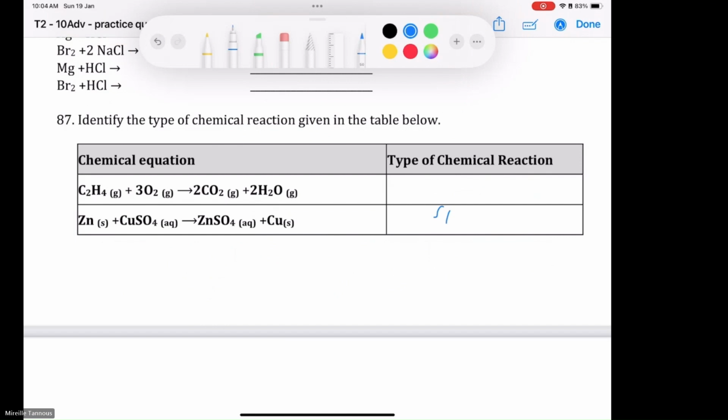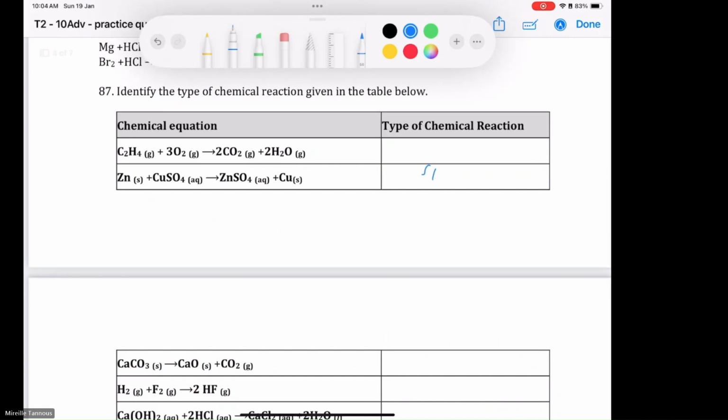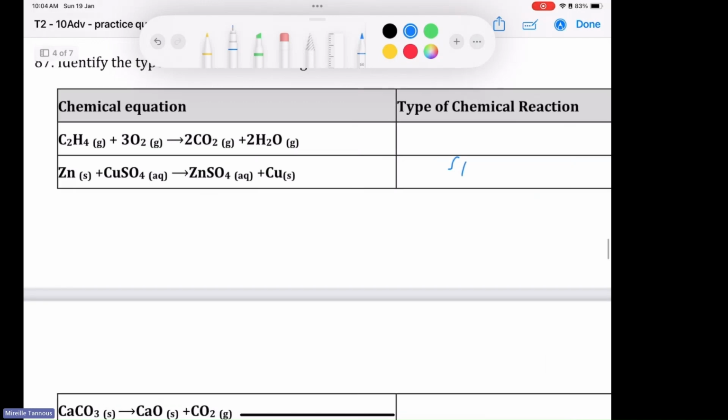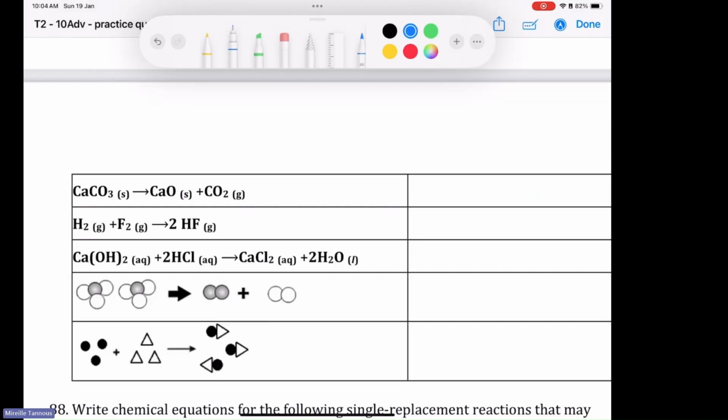Oops, I lost all what I wrote. But anyway, you have these answers in your answer sheet. So this is a single replacement. This is a decomposition.